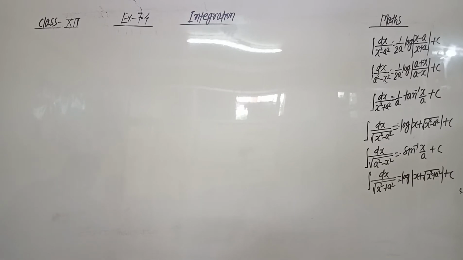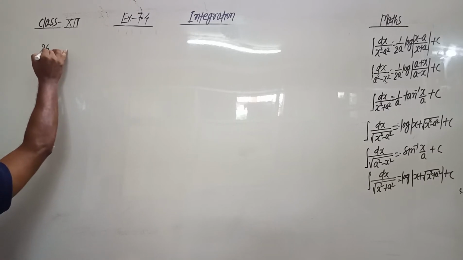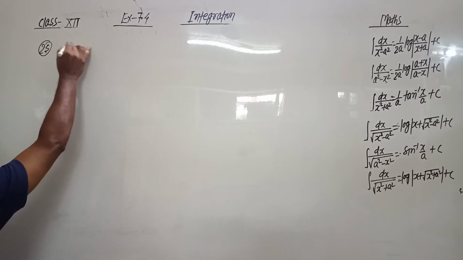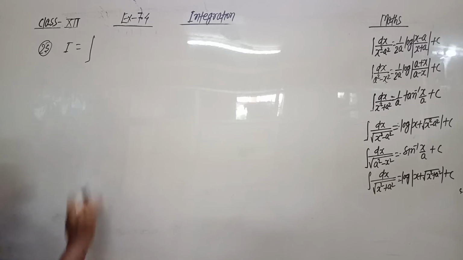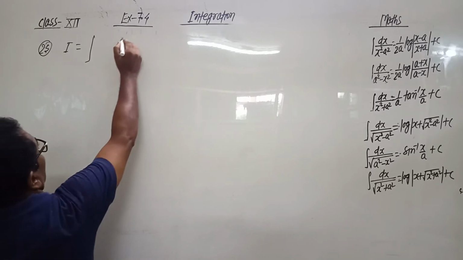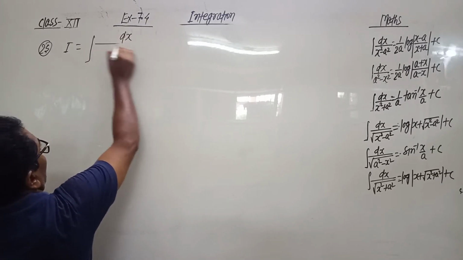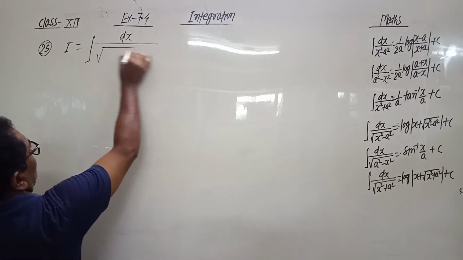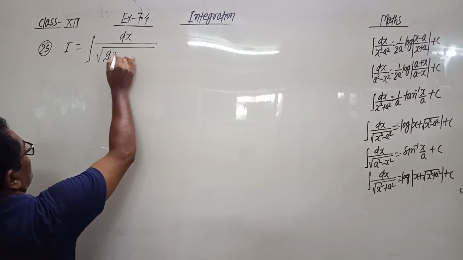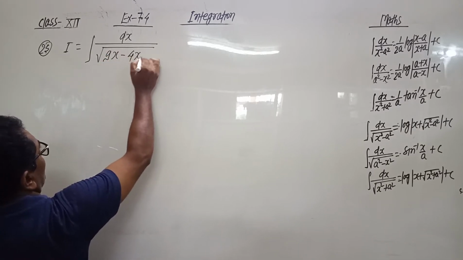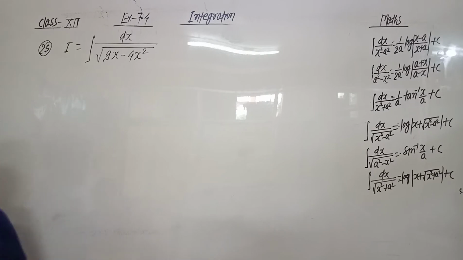Then question number 25. I equals to integration dx upon under root of 9x minus 4x square.